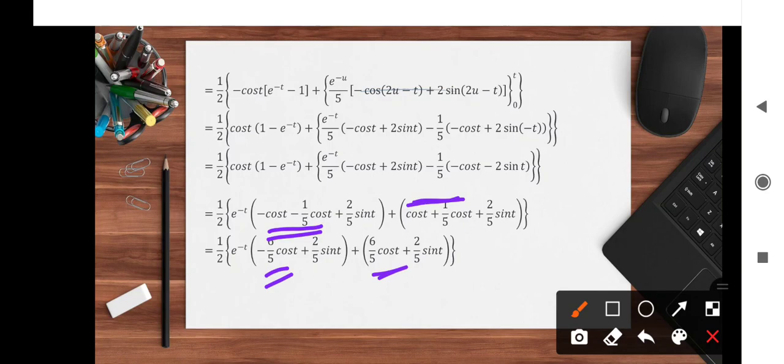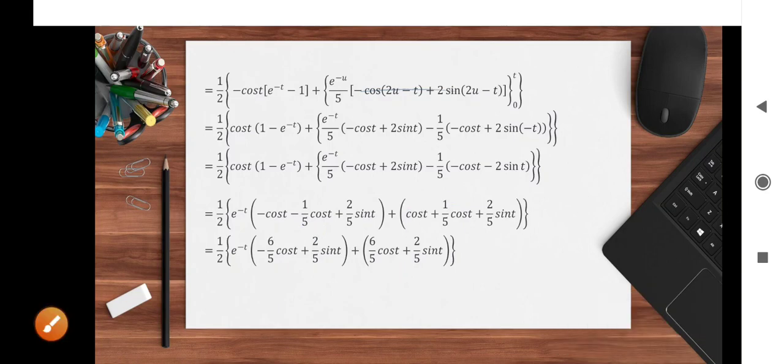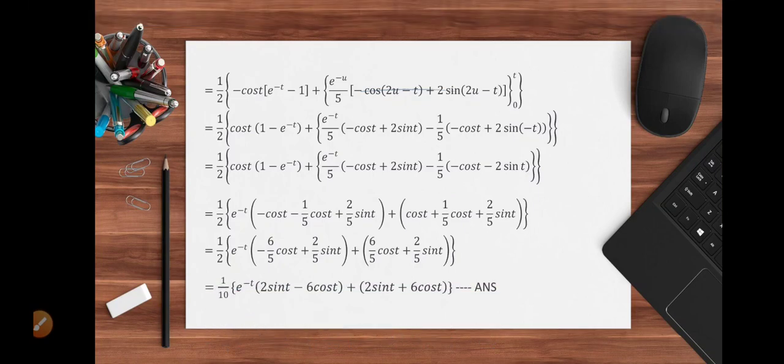Now every term has 1 by 5 as a multiplier, so we can take it outside the bracket along with the 1 by 2 already present factor, so it becomes 1 by 10, and this is your most simplified answer for the inverse of the given function of s.